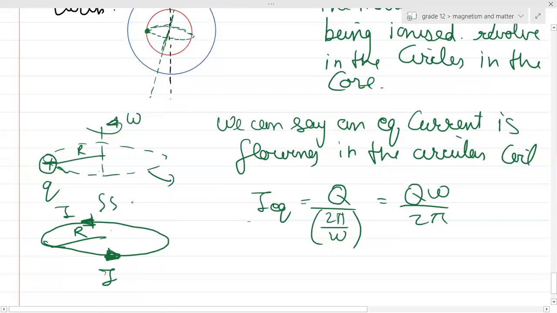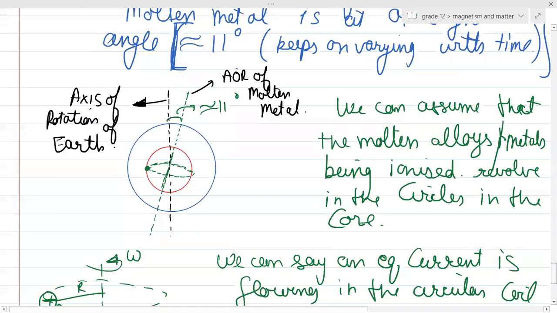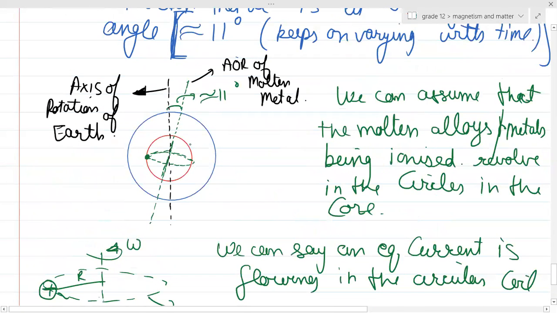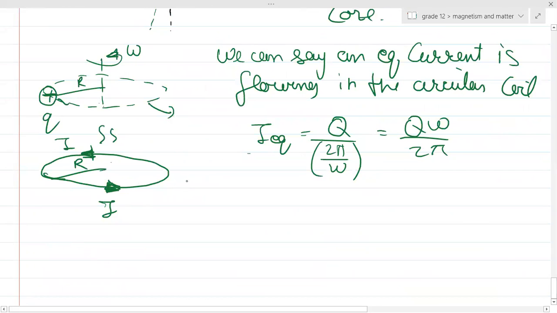Is it clockwise or anti-clockwise? If there is a current carrying coil, then will it produce a certain magnetic field? Yes.